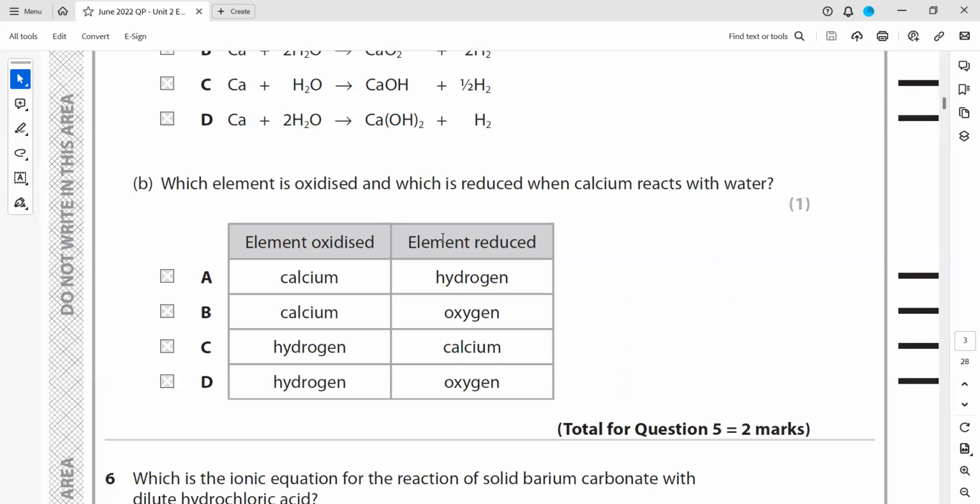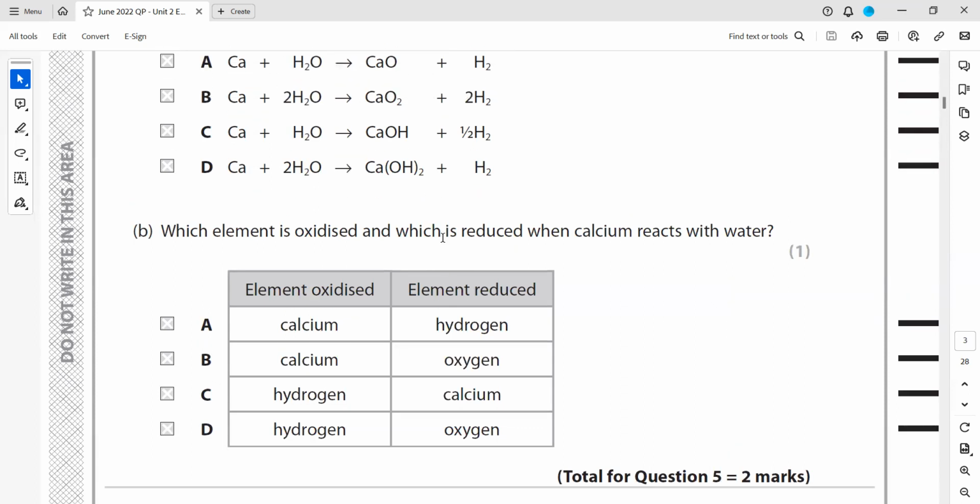Which element is oxidized and which is reduced when calcium reacts with water? So we have this equation. Calcium is reacting with water, H2O, and it is forming calcium hydroxide plus hydrogen. In the element state, the oxidation number is 0. When it forms a compound, calcium will be +2. So the element oxidized is calcium.